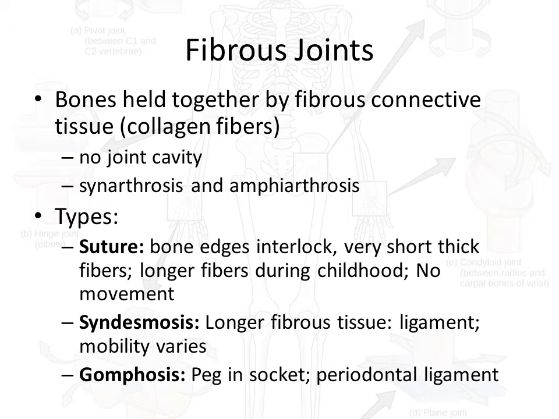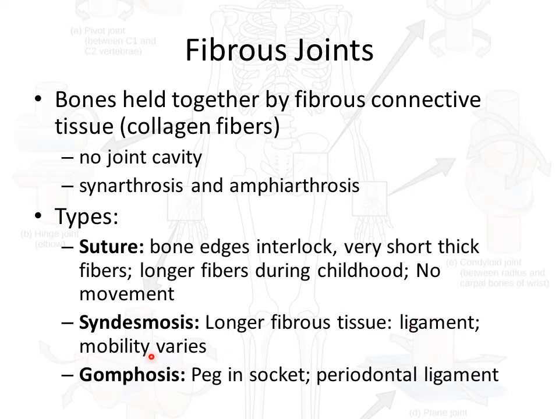One is the suture. The examples of these would be the way all the cranial and facial bones are held together, so the edges actually interlock. They're very short, thick fibers that hold them together, and there's no movement at all. Then the syndesmosis joints have longer fibrous tissue, with ligaments holding these together, but the mobility varies.